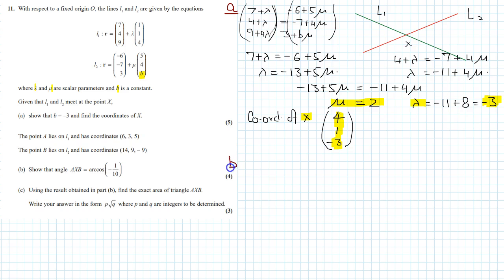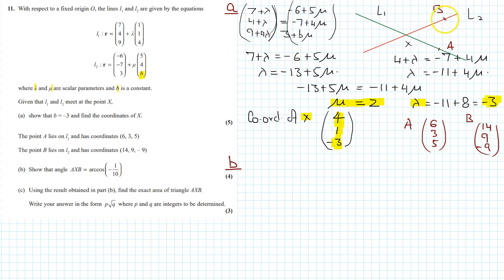Now part B, show that the point A lies on L1. With coordinates, the coordinate of A is 6, 3, 5 and the coordinate of B is 14, 9, -9.